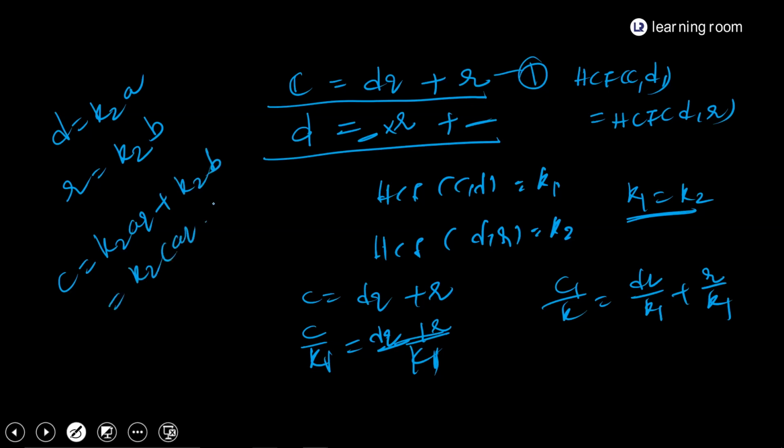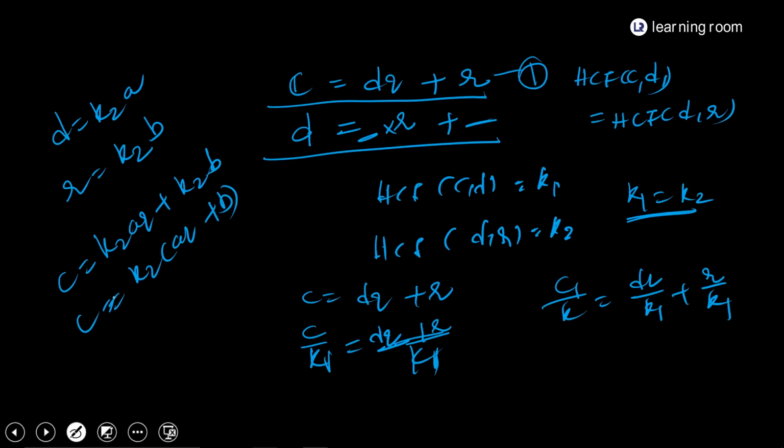K2 times AQ plus B. So it says that K2 is a factor of C. Right? K2 is a factor of C. Also we are already saying that K2 is a factor of D. So that's what we are saying, HCF of D comma R is equal to K2. Right? It's already a factor of D. Now we also know that it's a factor of C also.